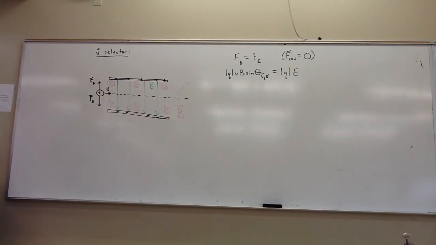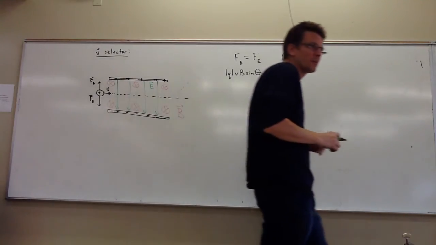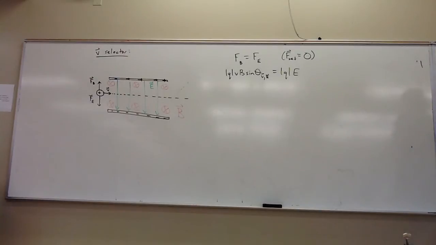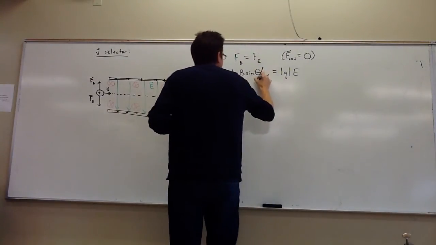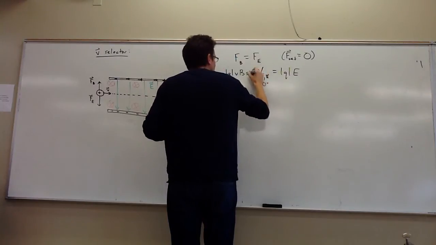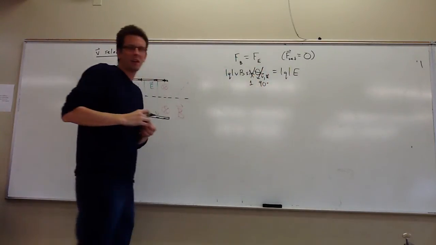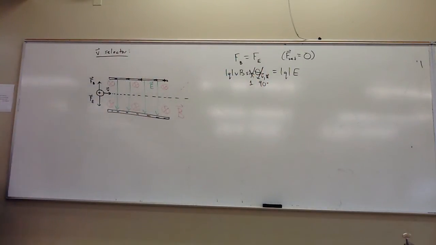Okay, so what do we put in for theta? What's the angle between the velocity and magnetic field? 90. Sine of 90 is 1, so we get the maximum amount of force from the magnetic field, right? Because we're cutting directly across the field lines.